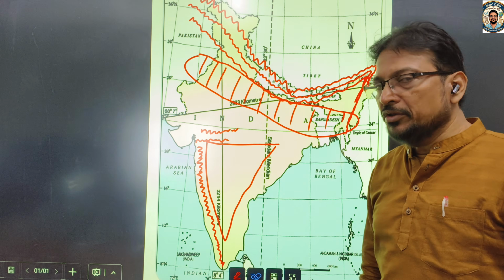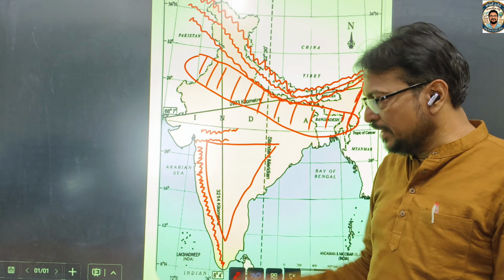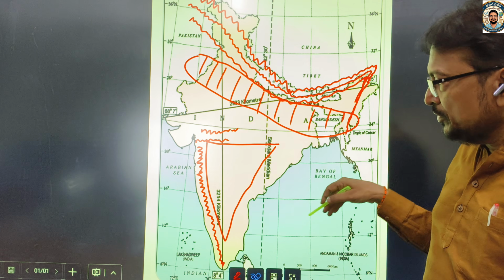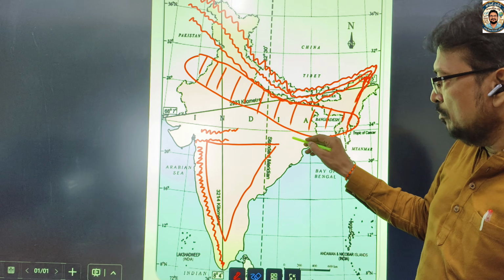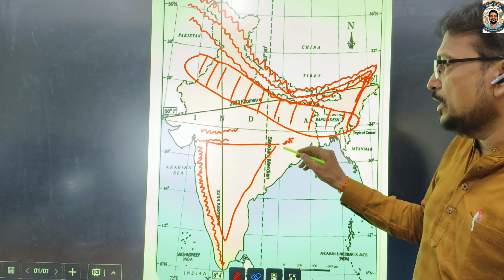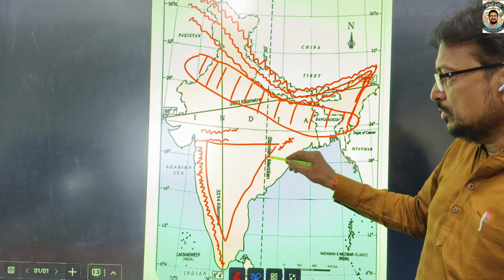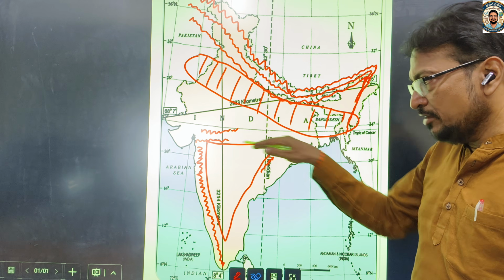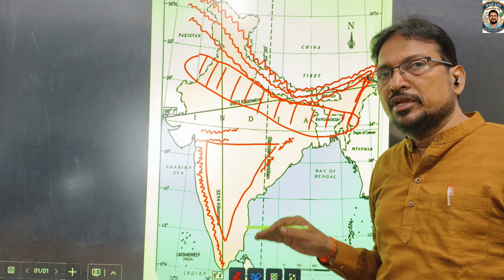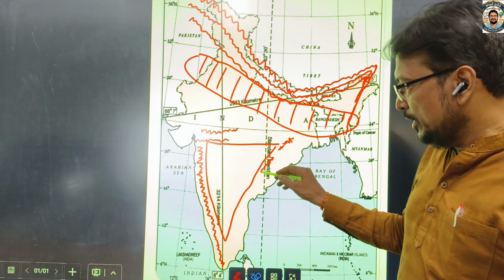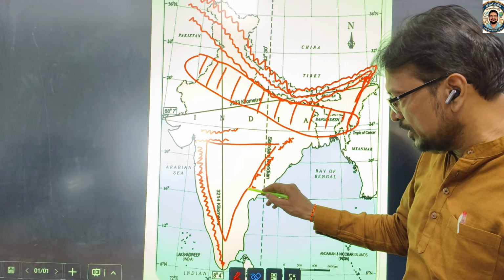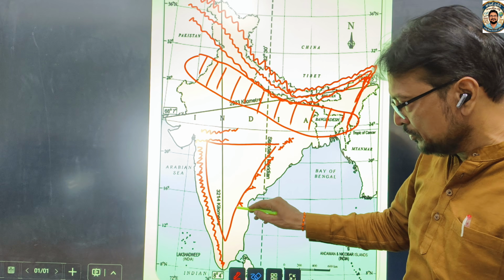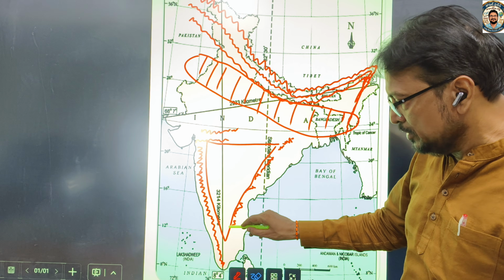This is a continuous mountain range without any break. And on the east side, from the bottom of Bengal and Odisha onwards, it is not a continuous range. In the middle so many gaps are there. Wherever rivers are flowing, near Godavari, Krishna, Mahanadi, there are some gaps in the middle.